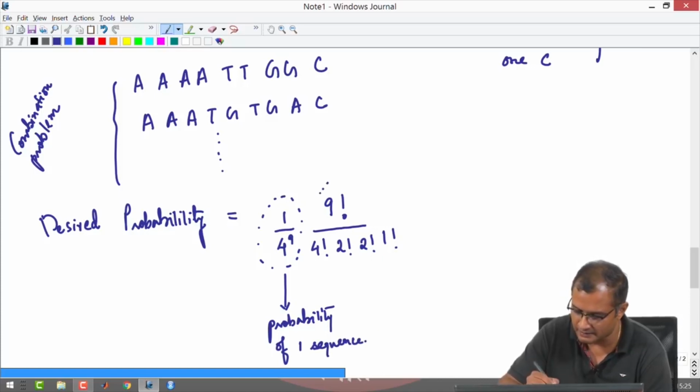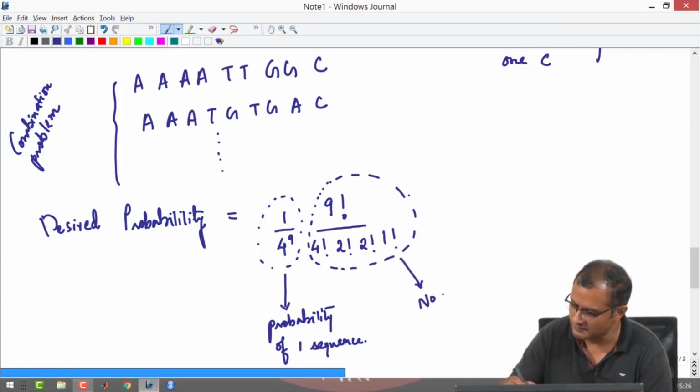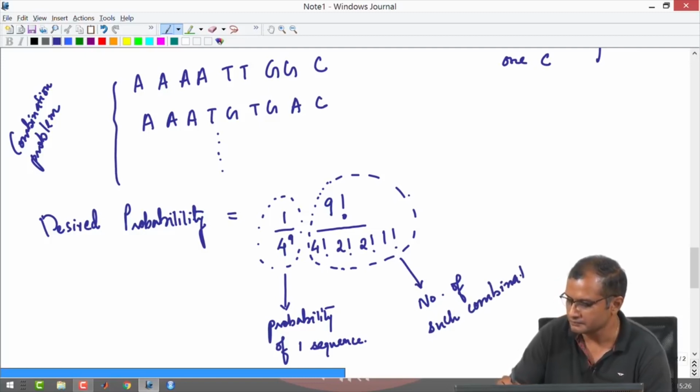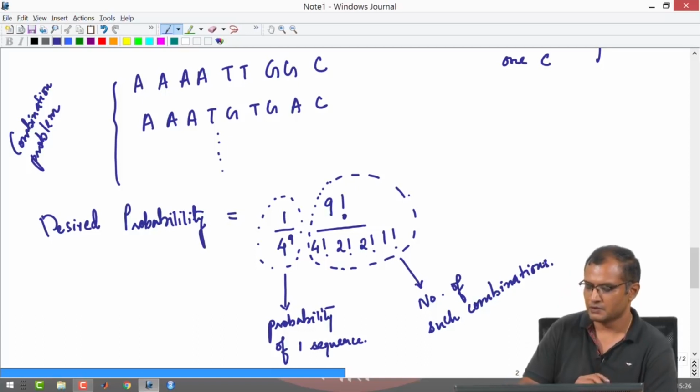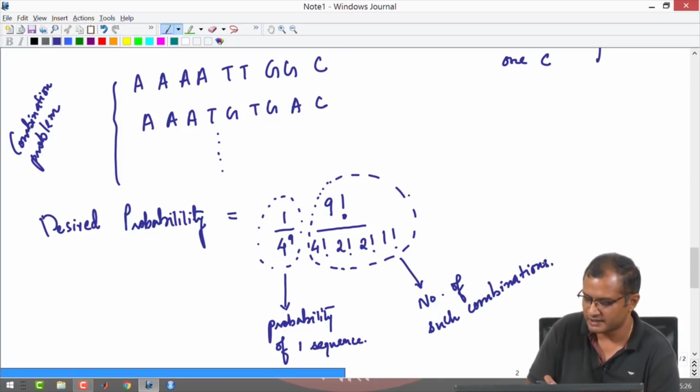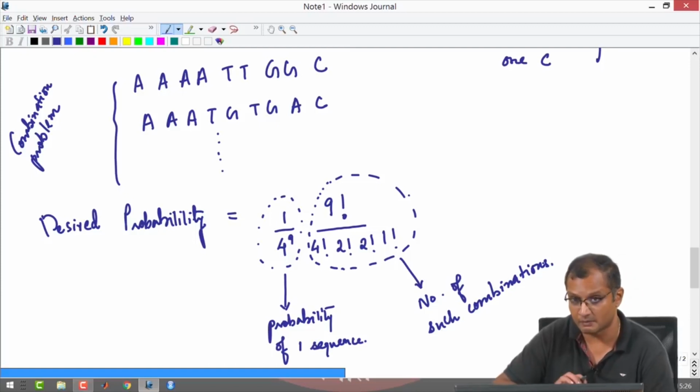and this combinatorial factor is basically the number of such combinations. So, you have the number of combinations multiplied by the probability of each sequence in this combination.